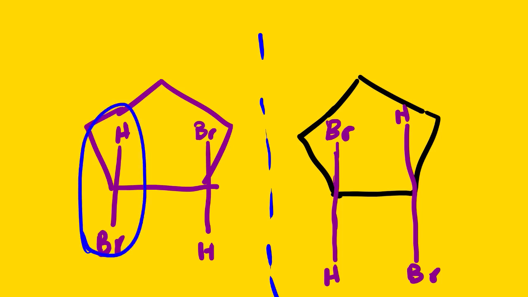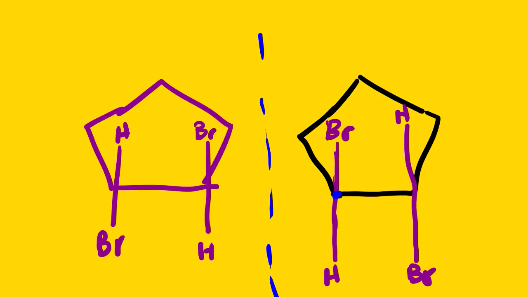In the first molecule, at the first carbon, the hydrogen is on top and the bromine is at the bottom, whilst in the second molecule, at the first carbon, the Br is at the top and the hydrogen is at the bottom.